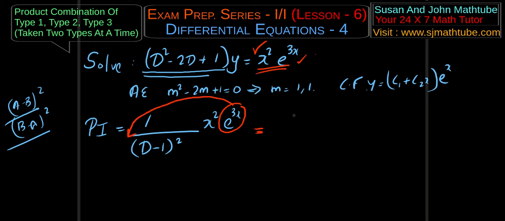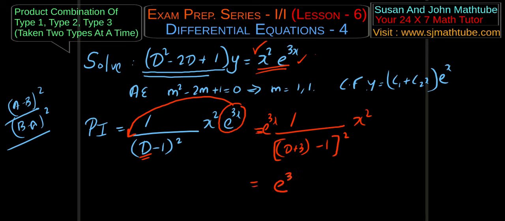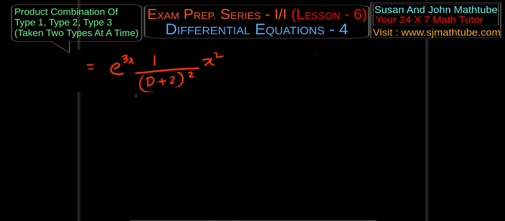So we are going to get 1 by d plus 3. We have to replace d with d plus a, minus 1 the whole square of x square, and I have to keep this over here. And this is equal to e to the power 3x into 1 by d plus 2 the whole square of x square.